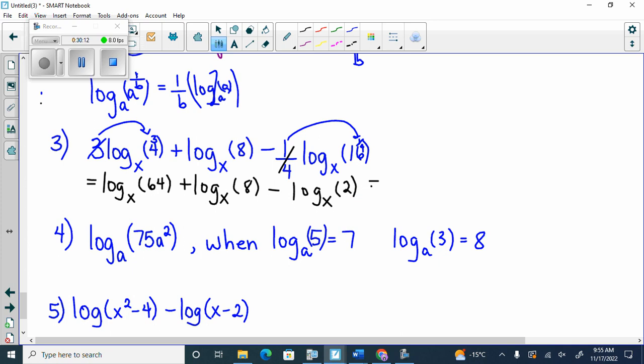And so when I put them together, I get log base x of 64 in the numerator times 8 in the numerator divided by 2 in the denominator. And what do I get when I go 64 times 8 divided by 2?